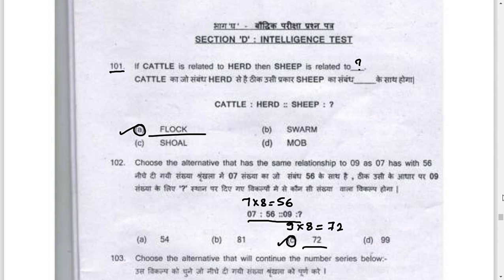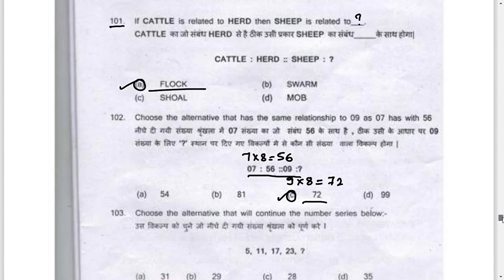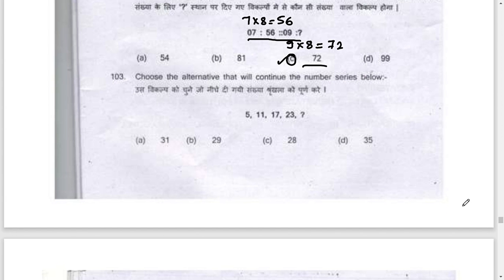Now go to the next question, that is 103. Here they have given: choose the alternative that will continue the number series below. So some number series they have given. 5, whenever you add 6, it will become 11.